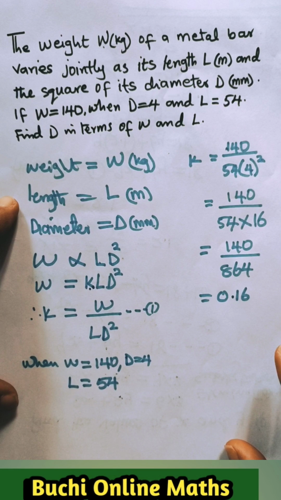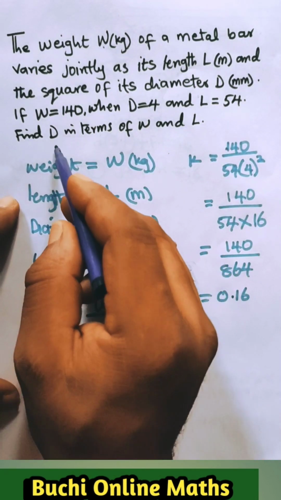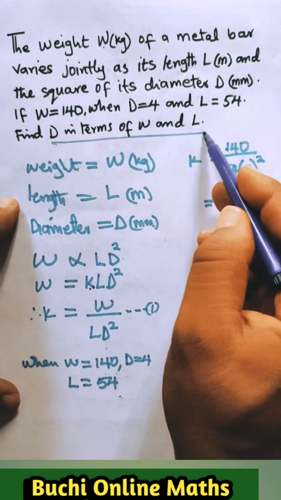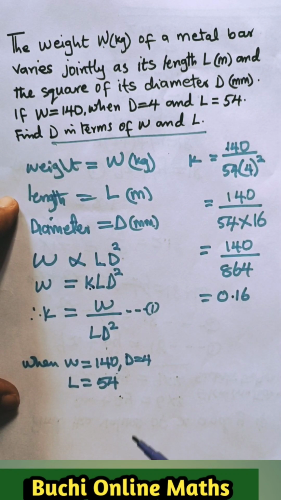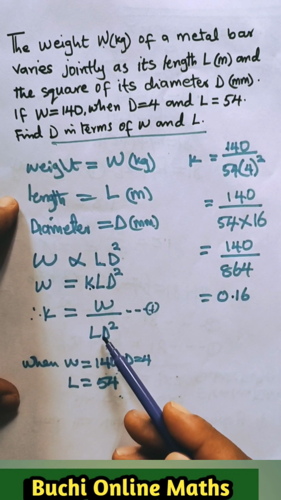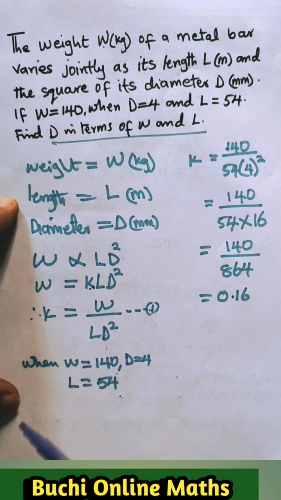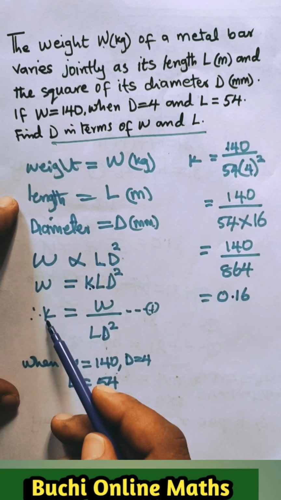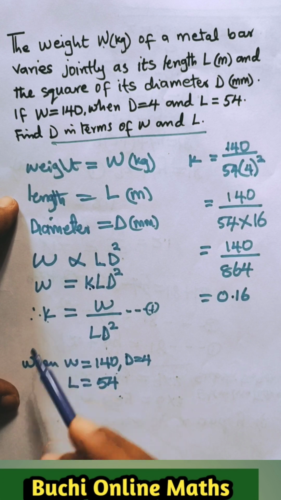Now let us go and find D in terms of W and L. Let's go to this equation. What they mean here is for us to make D subject of the formula. Remember, our k is 0.16.